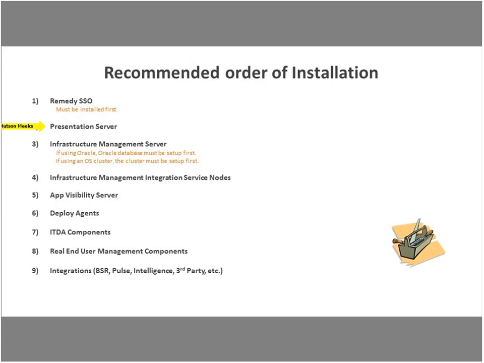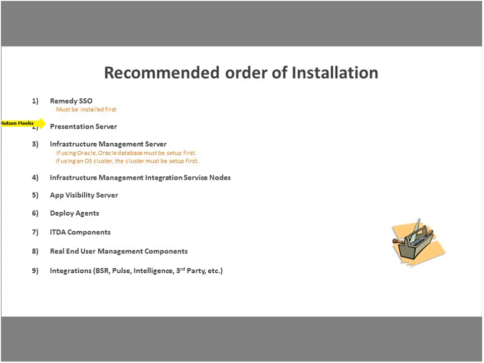The main thing is that you've really got to have the authentication mechanism installed first, and you really should have the presentation server installed. But you could be running the install process for the presentation server at the same time that you're running the install process for infrastructure management servers. Okay, you just can't integrate the infrastructure management servers and really do anything with them until the presentation server is installed, configured, and stood up, and then you log into it and add the integrations.